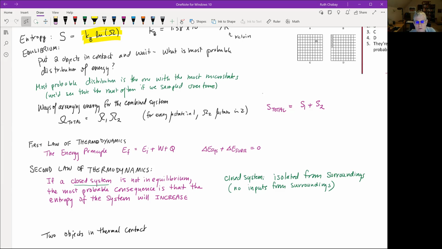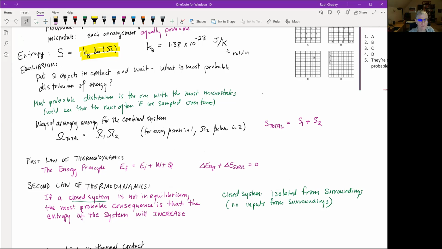This leads to the mathematical consequence that the total entropy of the system is just the sum of the entropy of object 1 and object 2, because of this log relationship. So the log of omega 1 omega 2 is log of omega 1 plus log of omega 2. So total entropy is just the addition.